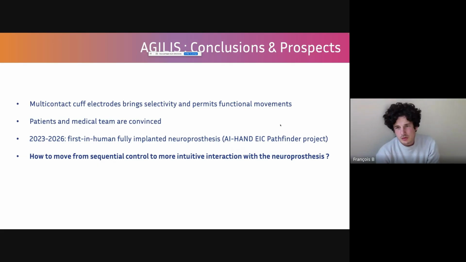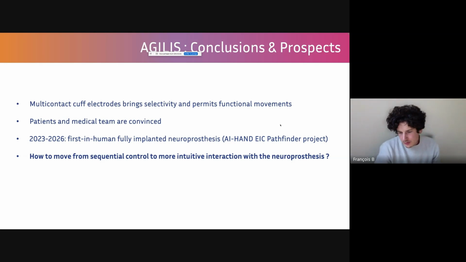The conclusions and prospects from this project: it was demonstrated that multi-contact cuff electrodes bring selectivity and permit functional movements. The patients involved in the clinical trials and the medical team are convinced by the technological solution. Now in the team, we are working towards the first in-human fully implanted neuroprosthesis in the framework of a European project that is going on.